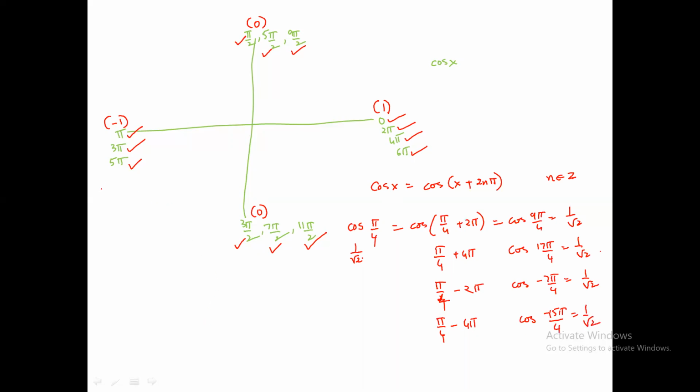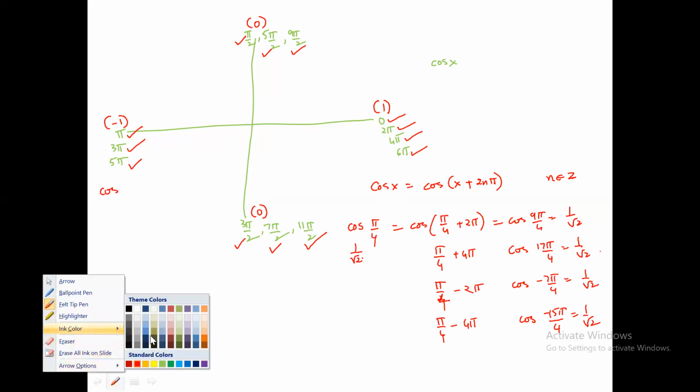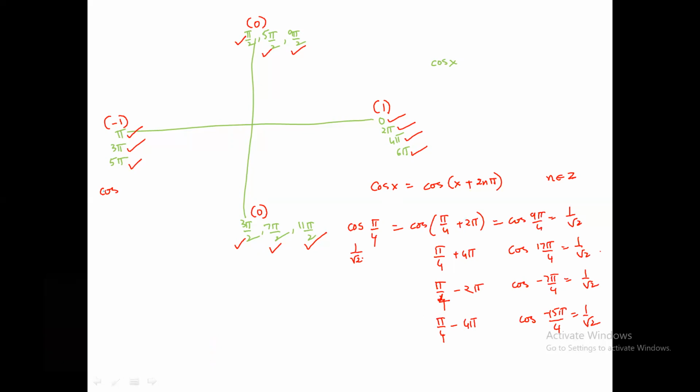Same way, you have seen one more thing you can observe here. I'll use a different color. You have seen cos pi by 2 is 0, cos 3 pi by 2 is 0, cos 5 pi by 2 is 0, cos 7 pi by 2 is 0, cos 9 pi by 2 is 0, cos 11 pi by 2 is 0.